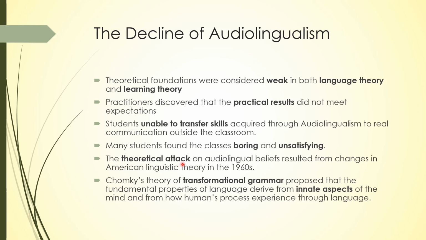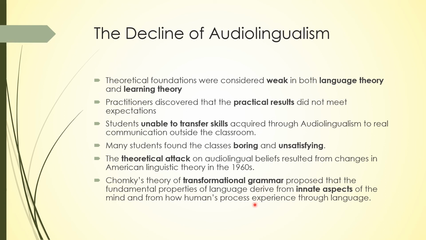And then the theoretical attack. As it is weak in language theory and learning theory, there was a theoretical attack which resulted in changes in American linguistic theory in the 1960s. So that's one of the reasons which helped audiolingualism to decline.